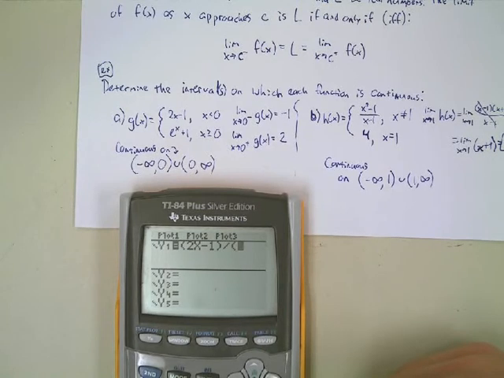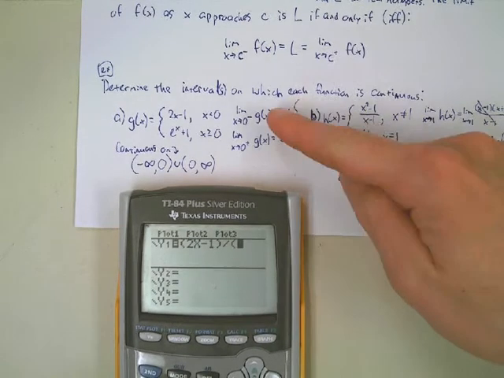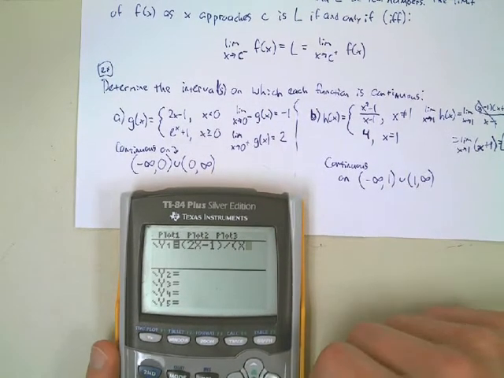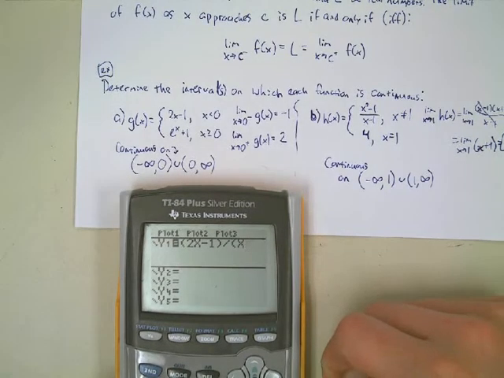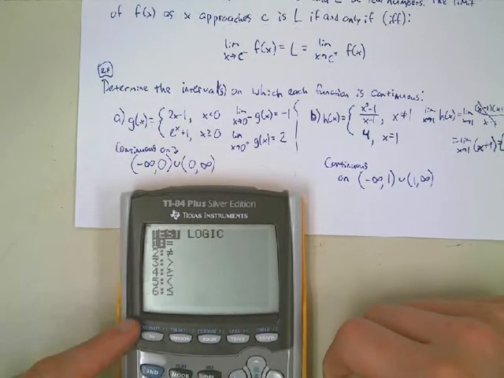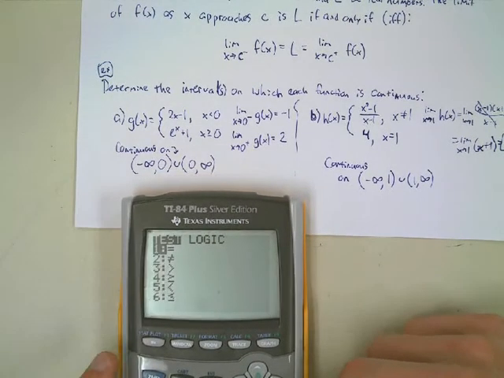This is telling us we're only going to graph for x less than 0. So we write x, the less than symbol. Where is that? Do you guys remember? Second math button, which gets you the test menu, and you can see your less than, greater than, equal to, not equal to symbols. So there's the less than. Then type in 0 and close that and hit enter.